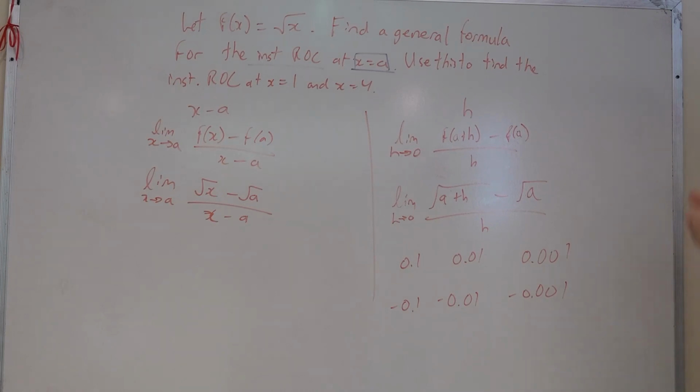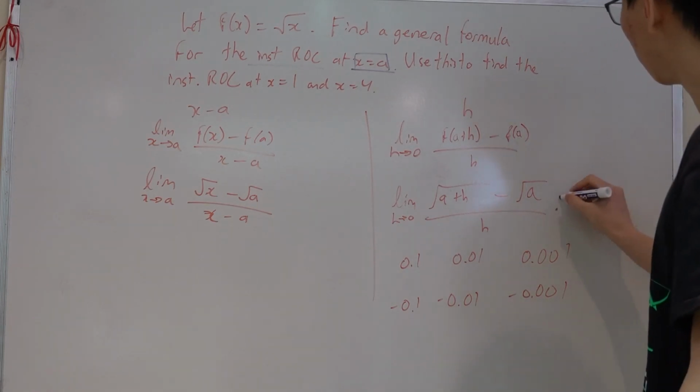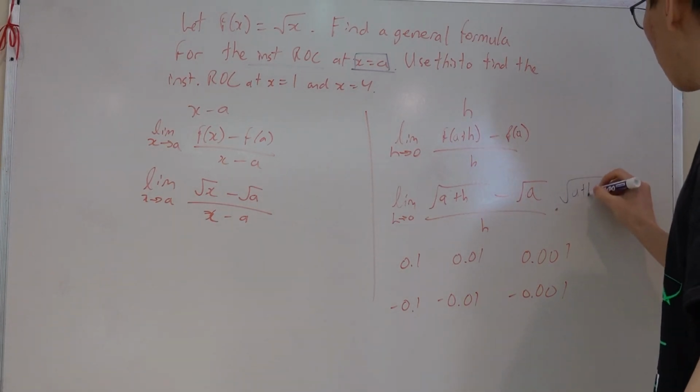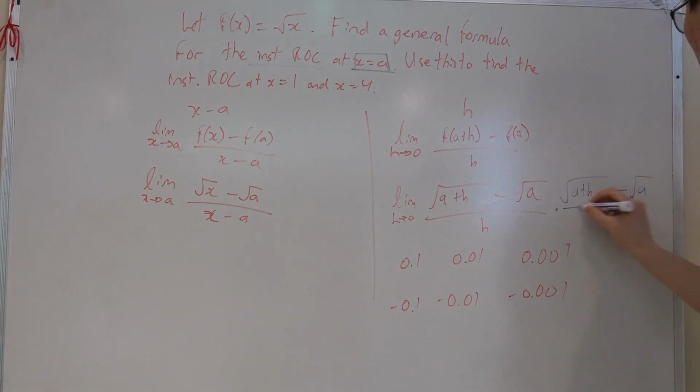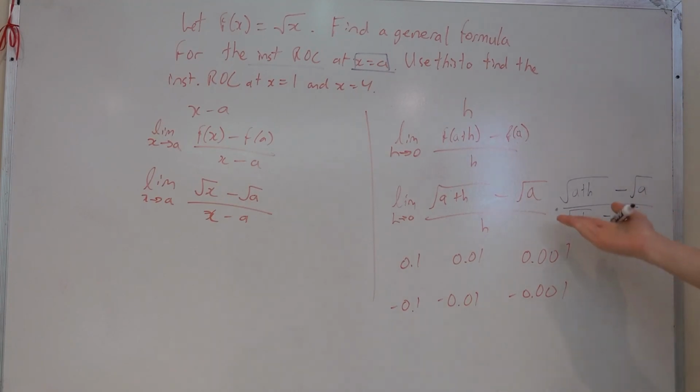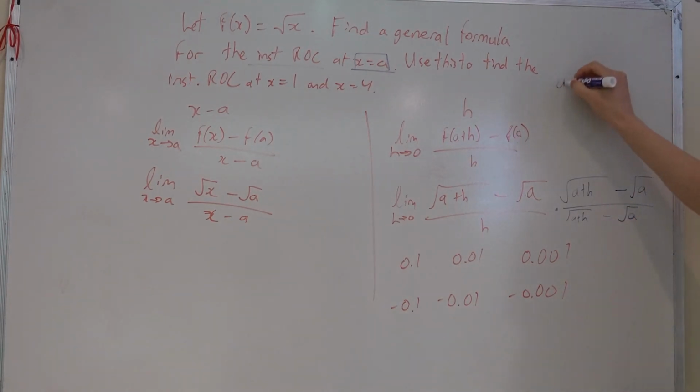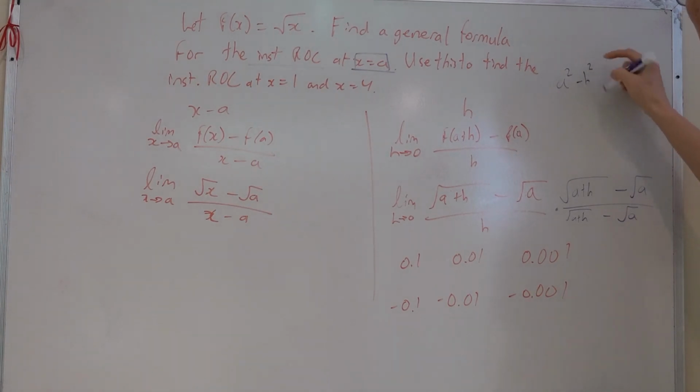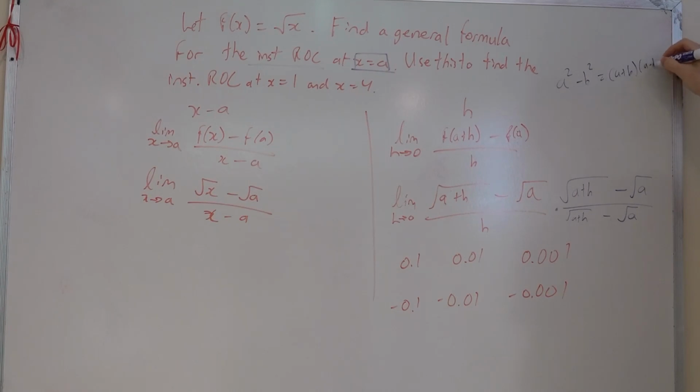So I'm going to multiply by something clever, and you should be able to remember that the something clever would have to be taking advantage of the difference of squares. This is the clever thing that I multiply by, right? In this case, you know, the difference of squares formula goes a squared minus b squared equals a plus b times a minus b, right?